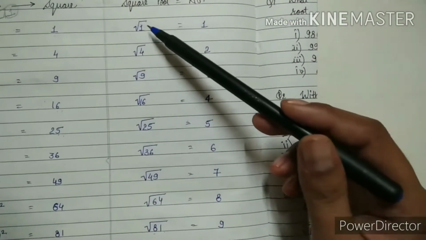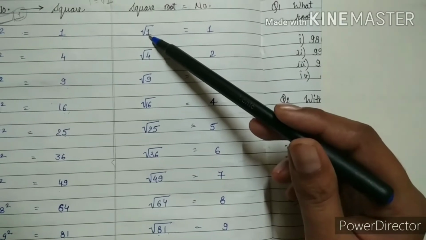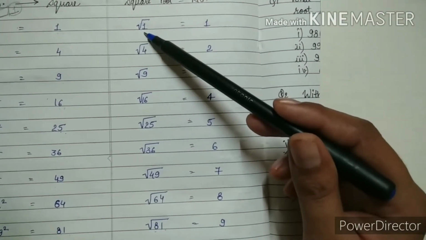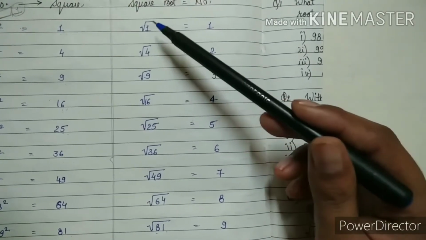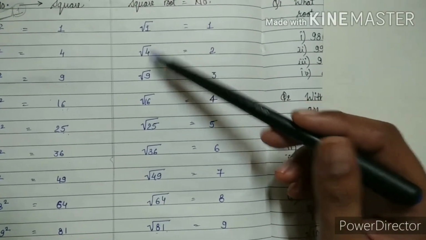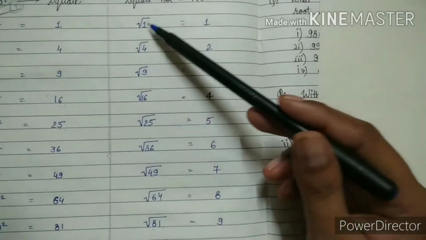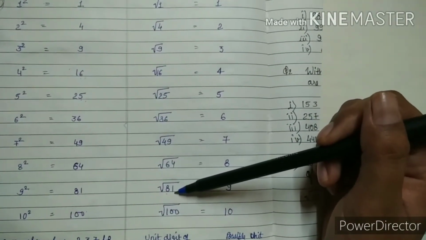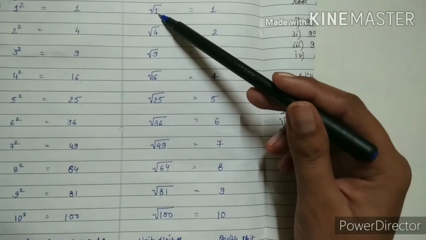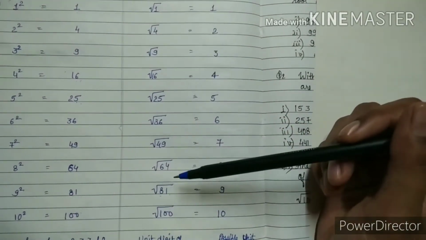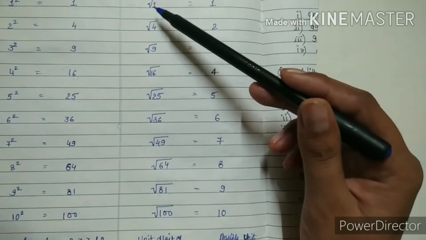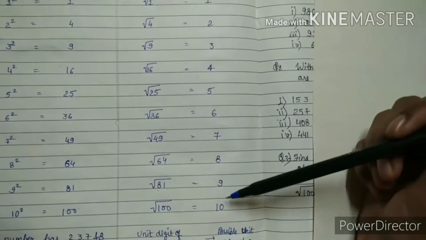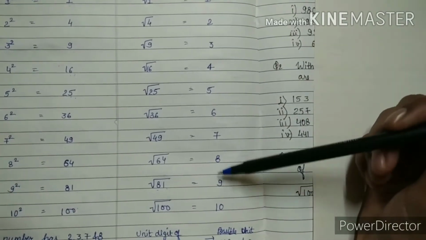When we have a perfect square with 1 on the unit place, we have two possible answers. Here we have 1 and here we also have 9, because 9 square has unit place 1 and 1 square also has unit place 1. So in both cases, the number's unit place will be 9 or 1.